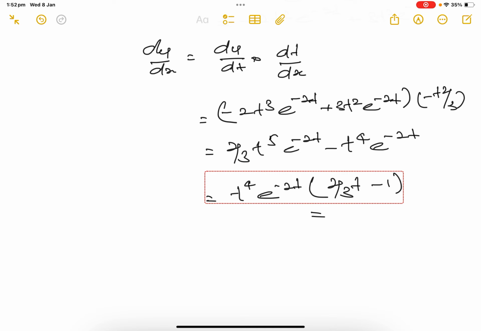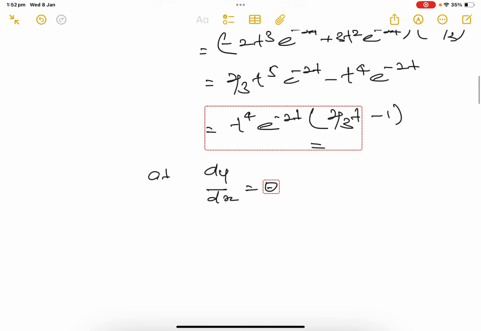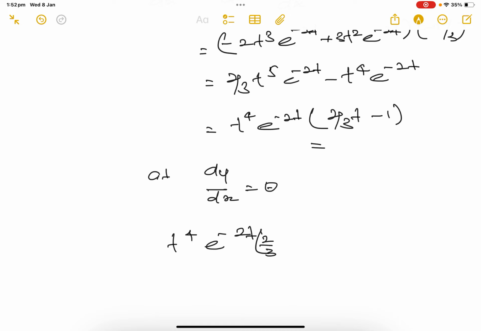But we have already said dy over dx is 0 at P. So substituting, t to the 4 e to the minus 2t times the bracket 2/3 t minus 1 equals 0. T is greater than 0, so it cannot be 0, and e to the minus 2t cannot be 0.